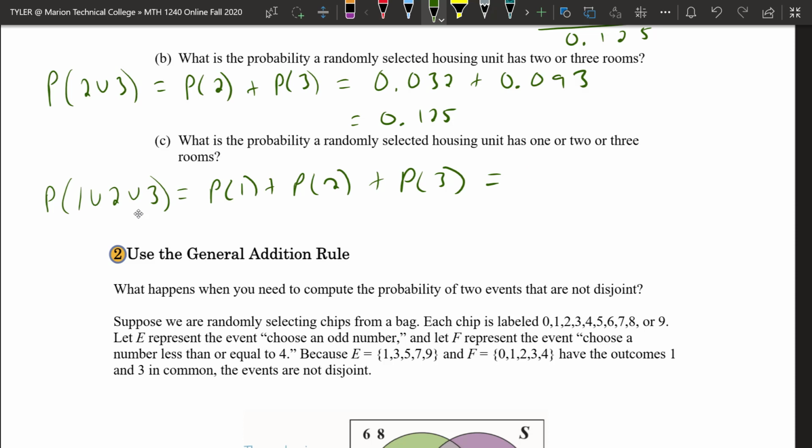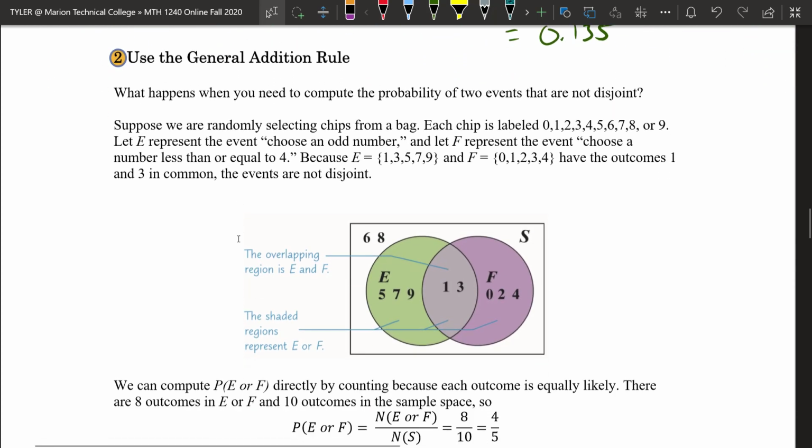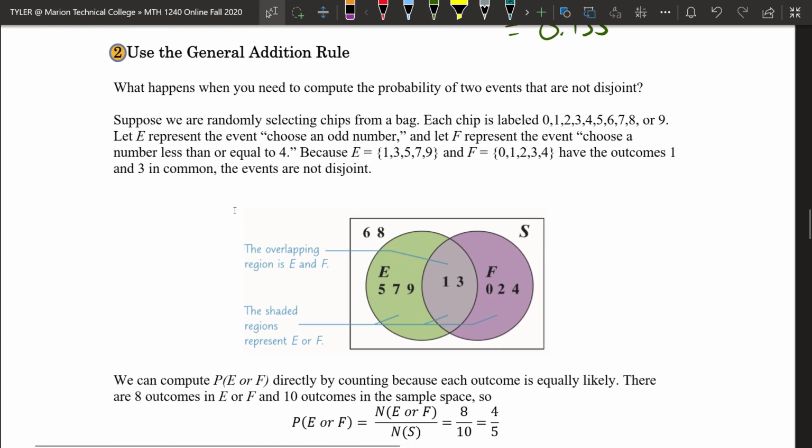Grabbing this from the table would be 0.010 plus 0.032 plus 0.093. Adding those together, we get 0.135.